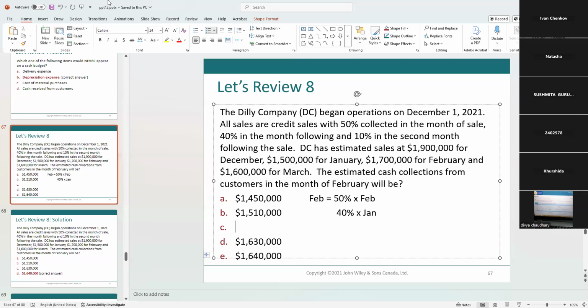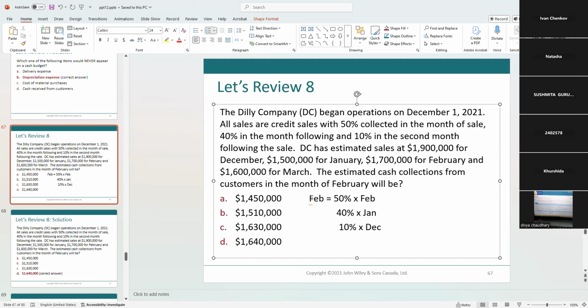And the last thing left to collect is the 10% from my December sales. Once you get the numbers, you'll get the collection. That's what you have to do. That will be question number 3.